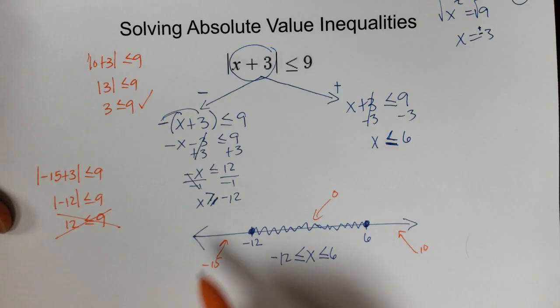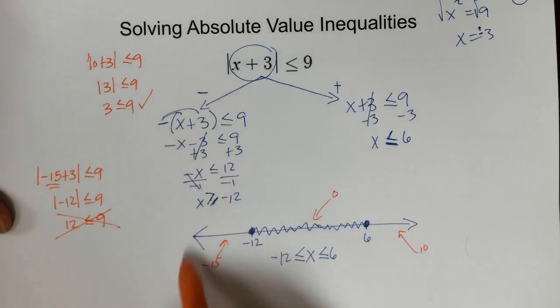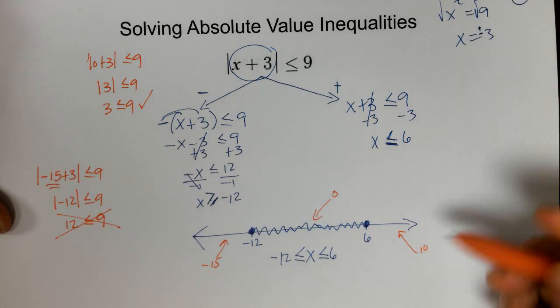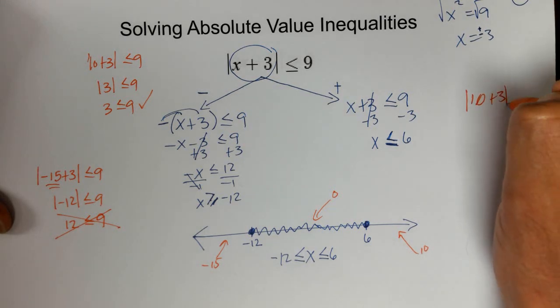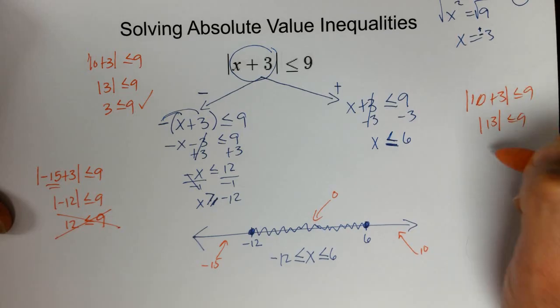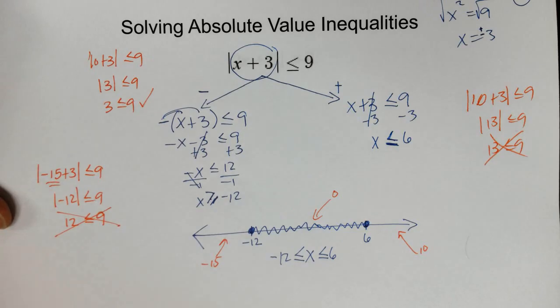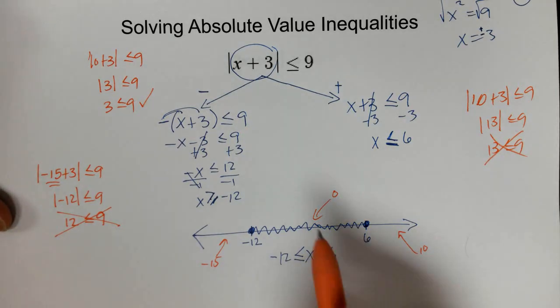No. That's why this is not part of my solution set. Right? When I plug negative 15, it's not going to be true. Same thing for 10. I can plug in 10. 10 plus 3, we get 13. Is 13 less than 9? No. So we're looking for values between negative 12 and 6 as my solution set.